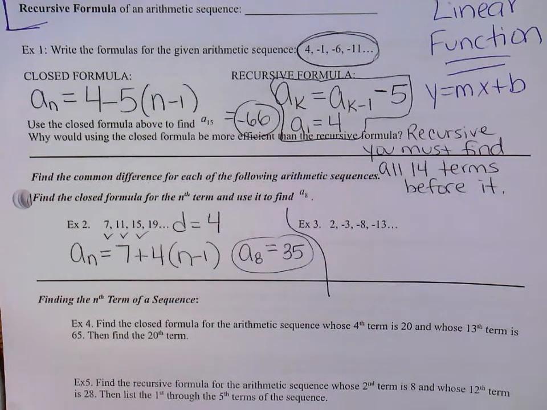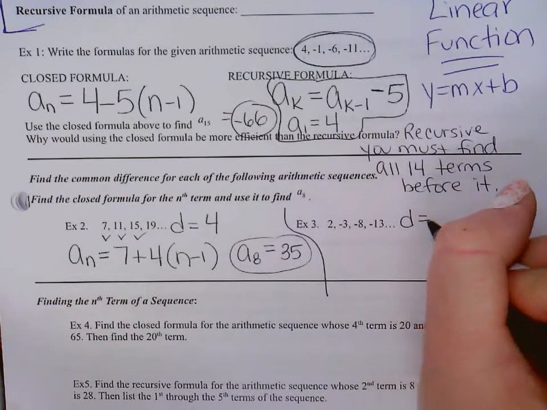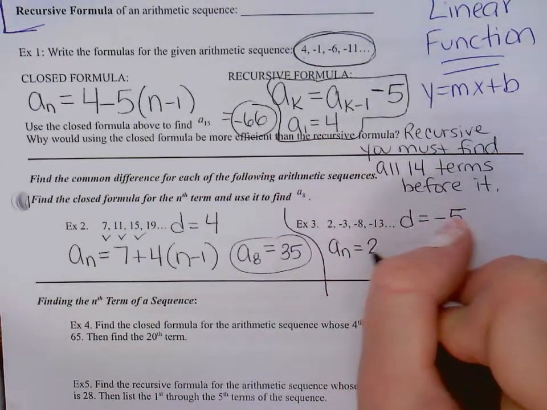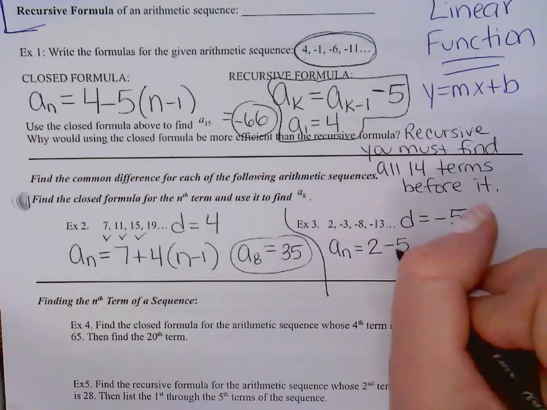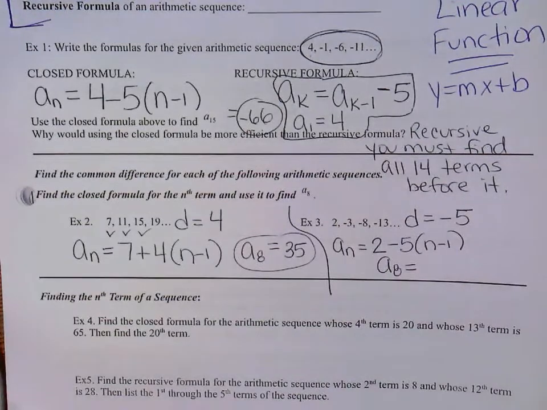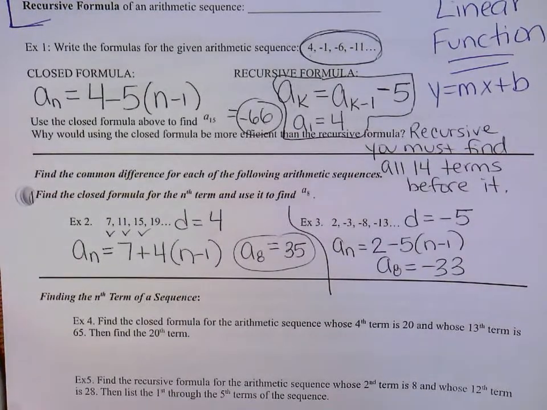You can't do a series if you can't write the formula yourself. So very similar to a linear function. It's just a slope and a y-intercept. It's just written a little bit differently.